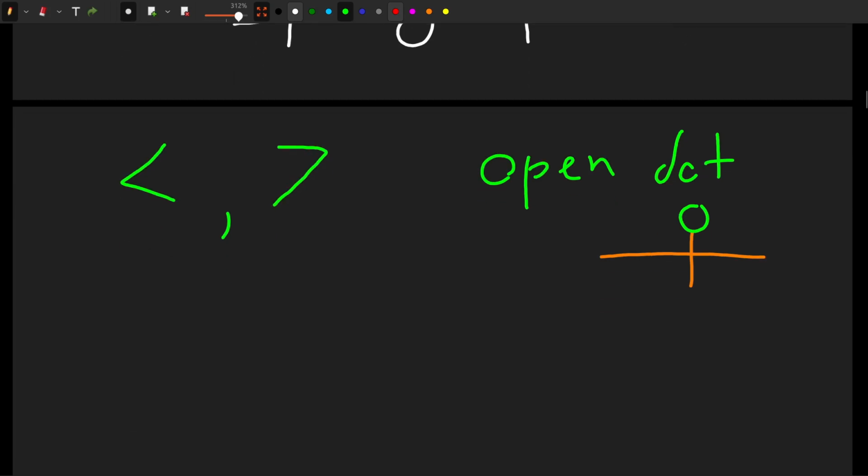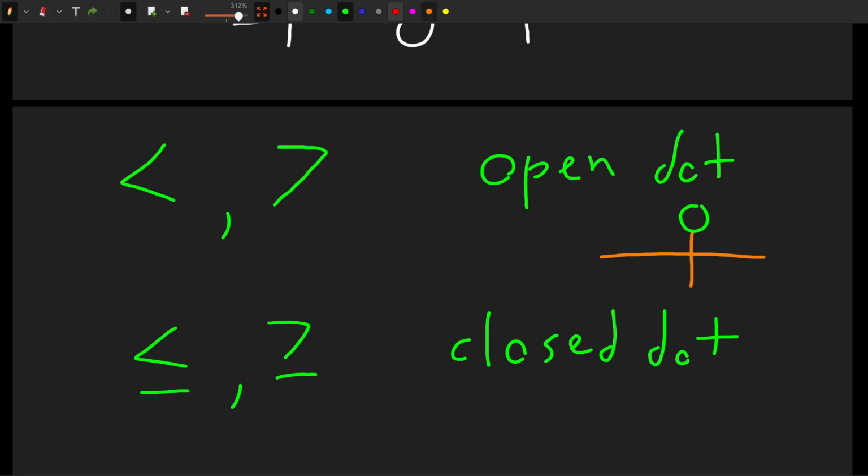If you are dealing with less than or equal to or greater than or equal to, that's a closed dot, and it would look something like this. Just a formality.